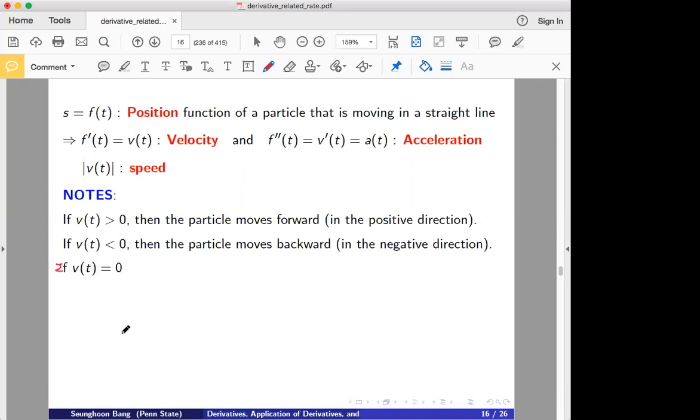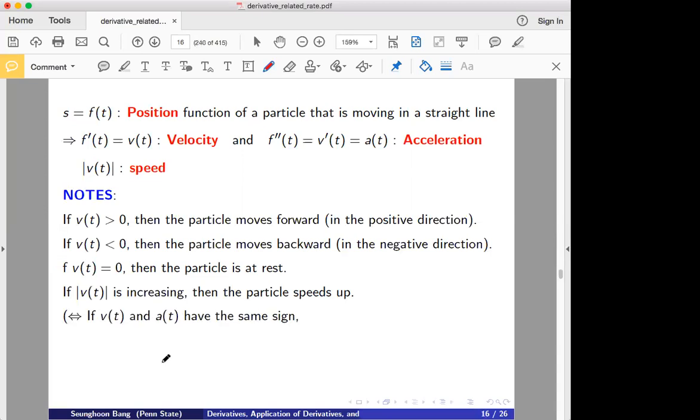If the velocity equals 0, then the particle is at rest, doesn't move. One more: the absolute value of v of t is increasing. What does it mean? Speed is increasing, so the particle speeds up. When v of t and a of t have the same sign, then the particle speeds up.